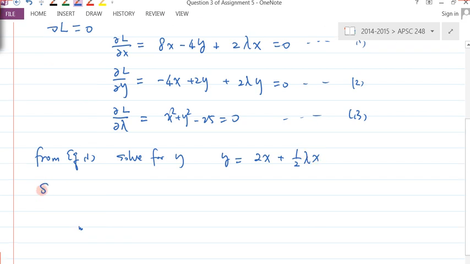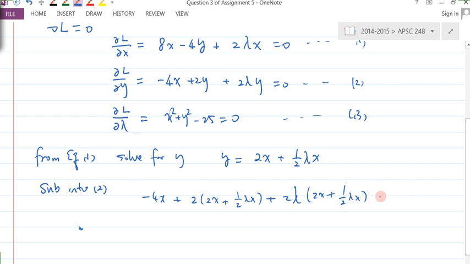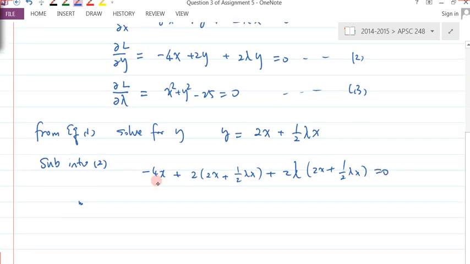Then we can substitute this y into equation number 2: negative 4x plus 2 times (2x plus 1/2 lambda x) plus 2 lambda times (2x plus 1/2 lambda x) equal to 0. So you can simplify that a bit.